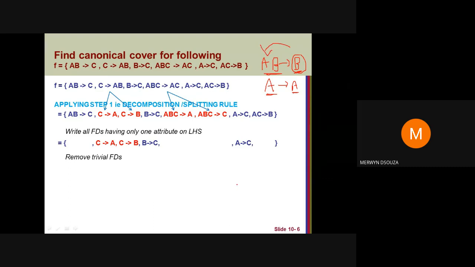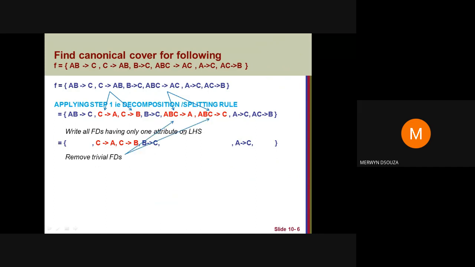Or you could have had something like AB determines B. The right hand side is a subset of the left hand side. So all these trivial functional dependencies, if any, you need to remove.